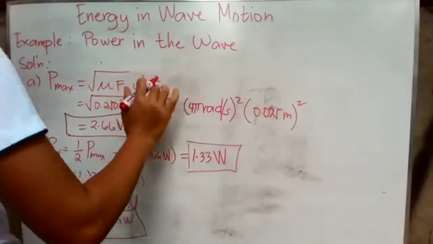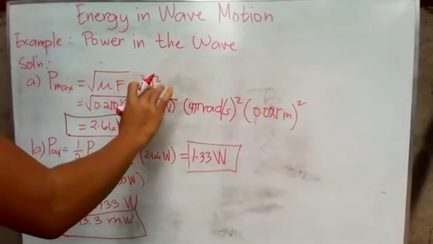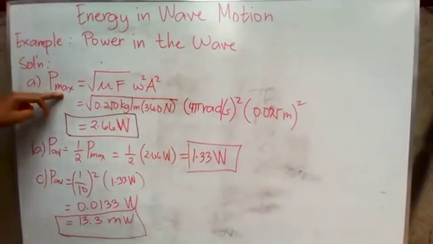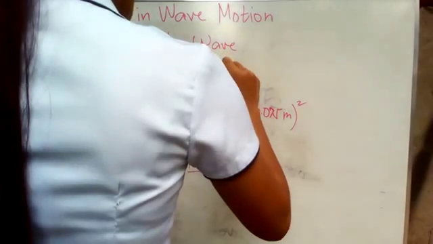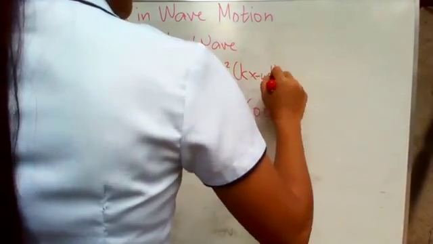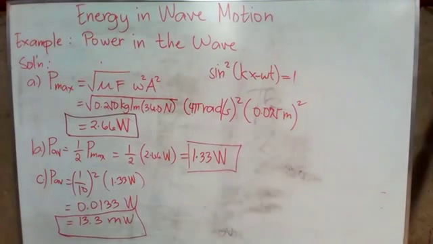This equation, the square root of mu F times omega squared and A squared, shows that P max occurs when sine squared of kx minus omega t is equal to 1. At any point x, this happens twice per period of the wave, once when the sine function is equal to positive 1 and once when it is negative 1.